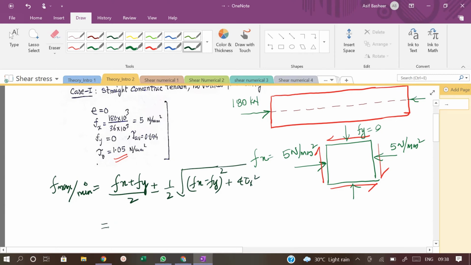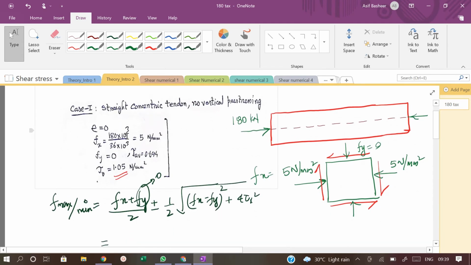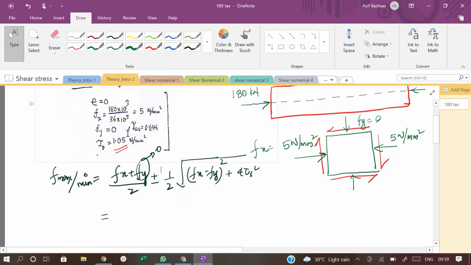Substituting this, you will get the value for your Fx as 5 Newton, and Fy you have the value as what? 0. The vertical pre-stressing force Fy here is 0. It is not given that there is any vertical pre-stressing force. There is only a straight tendon. So considering this, you will get the value for this as 2.5.